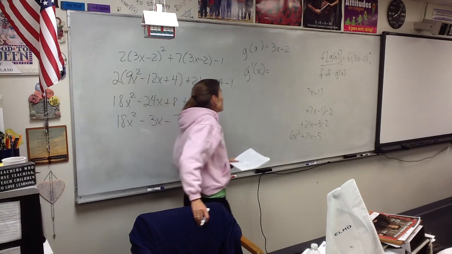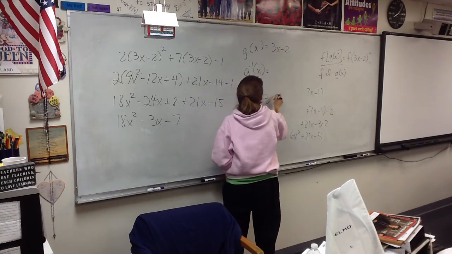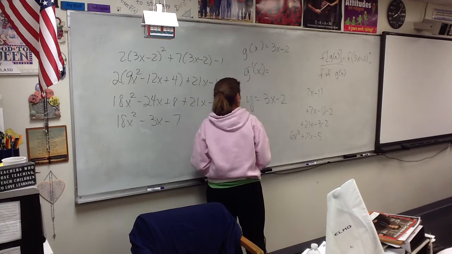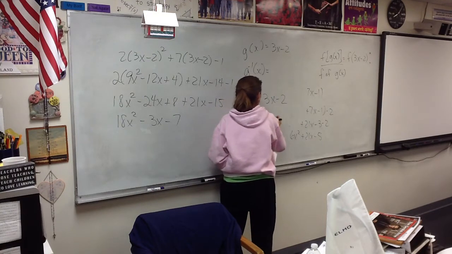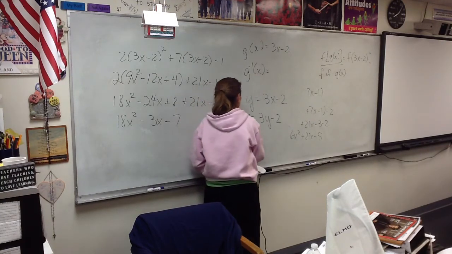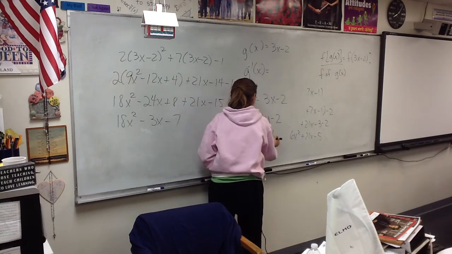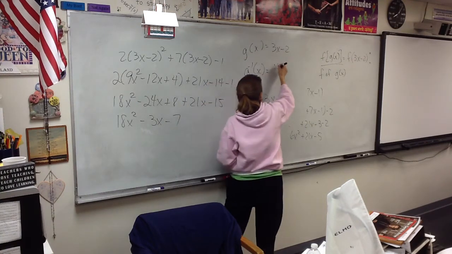Now, to find the inverse, do you remember what you do? You switch the y and the x's. Very good, Janet. So x equals 3y minus 2. And then we just get y by itself. So y is going to be x plus 2 over 3.